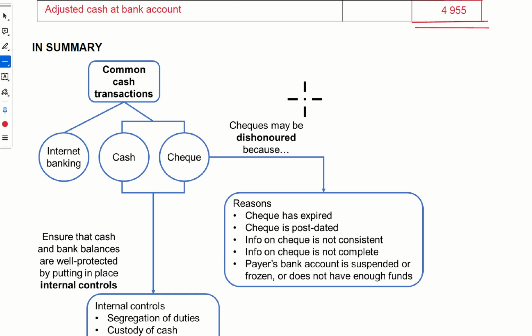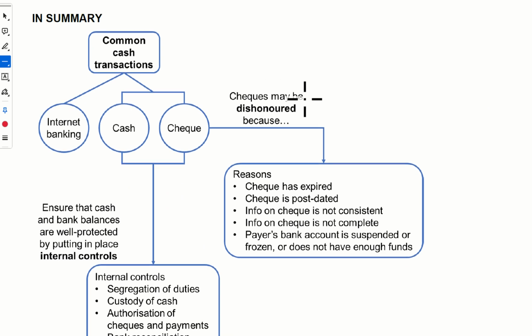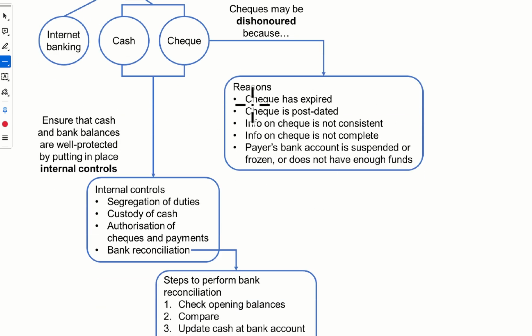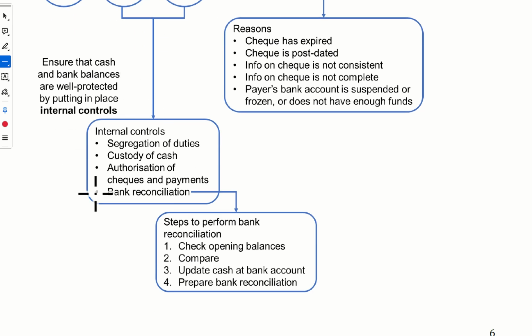So in summary, there are some common cash transactions like internet banking, cash, receipt of cash, and payment or receipt of check. Sometimes this check may be dishonored for 5 reasons, and you must know these 5 reasons. Regardless of that, for cash and checks, you need to have internal control so that your asset is protected.